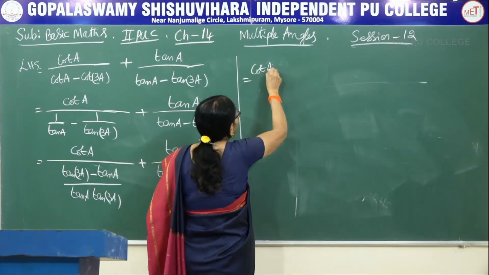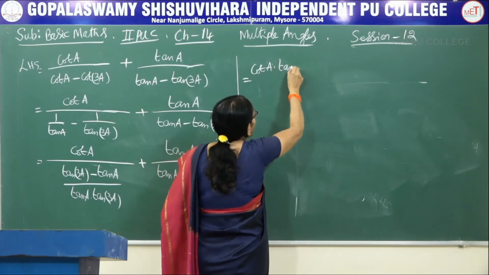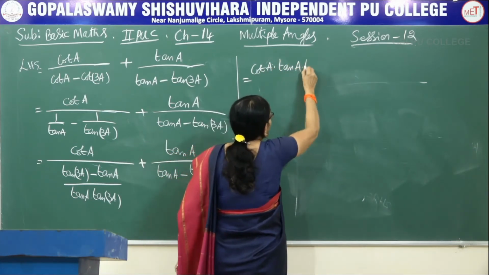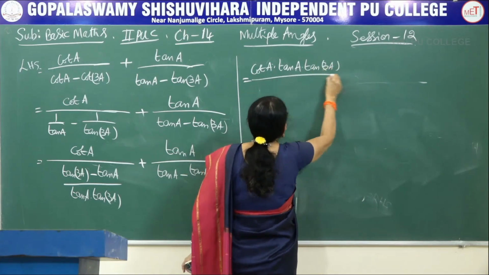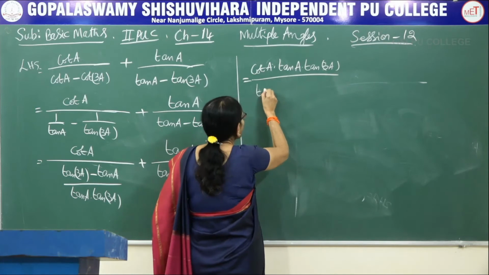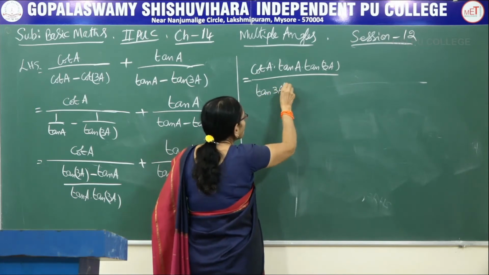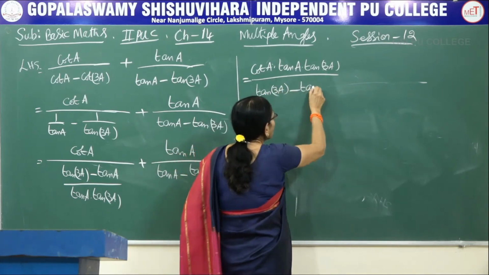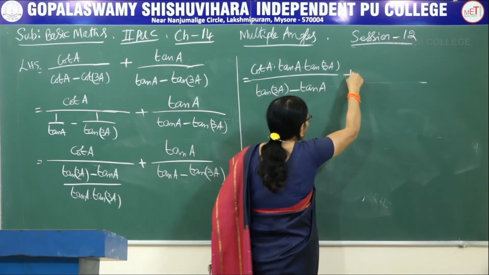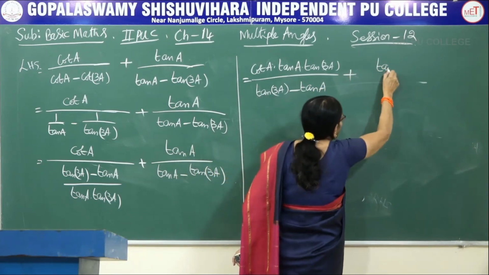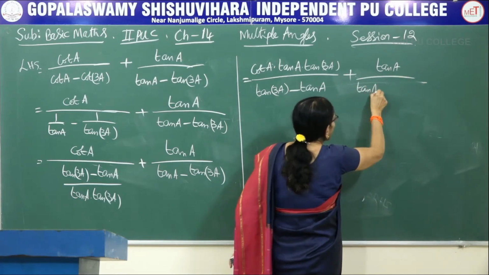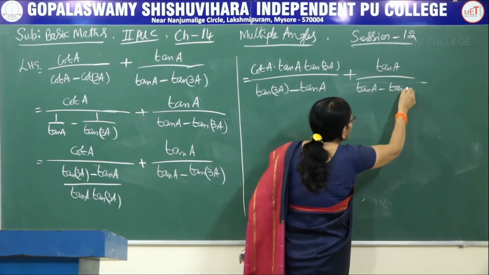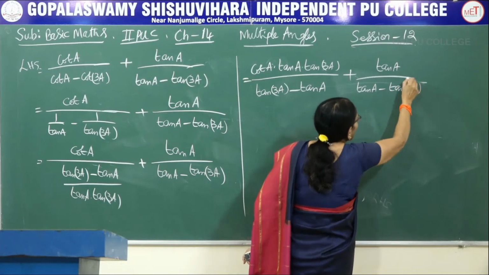Already we are having cot A, and this denominator of the denominator is also going to the numerator. Divided by tan of 3A minus tan of A. Then plus, write the other term. Tan A divided by tan A minus tan of 3A.